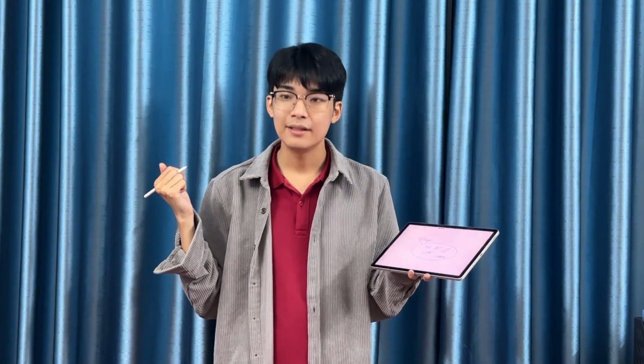As I have mentioned, in the setting, we should include what? Thank you very much, Jack. It is time and place. So can you tell me what is the time and place in the story? Where did the story take place?